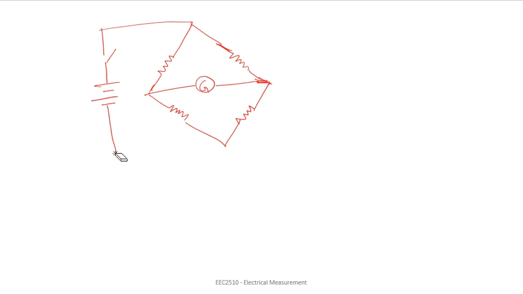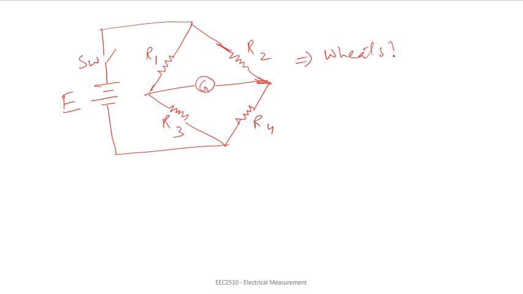Okay, let us call these resistances R1, R2, R3 and R4. This is the DC source and this is a switch. Okay, so this is a Wheatstone bridge arrangement for the measurement of resistance.